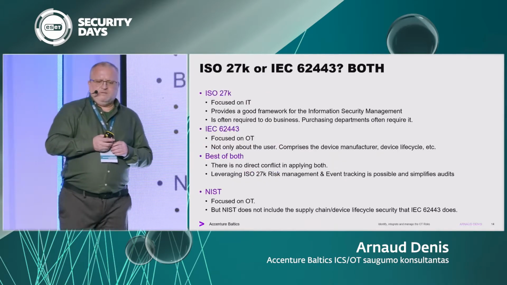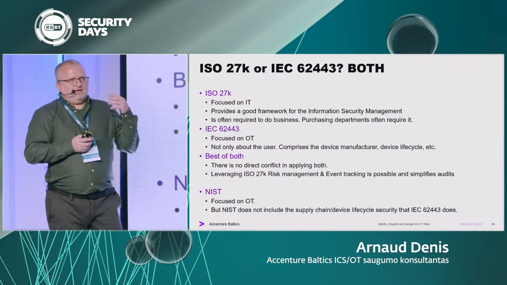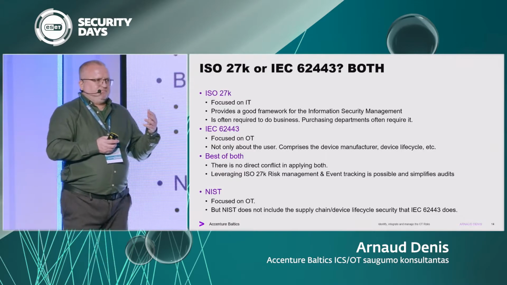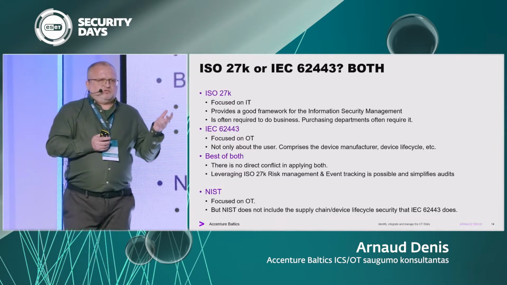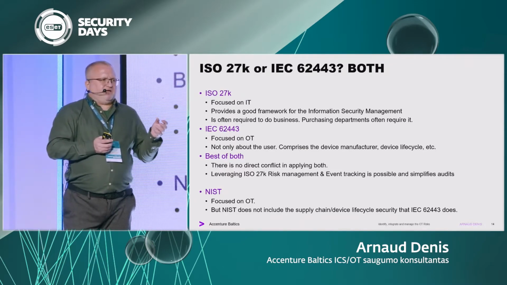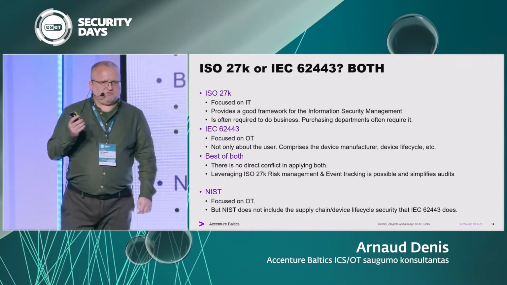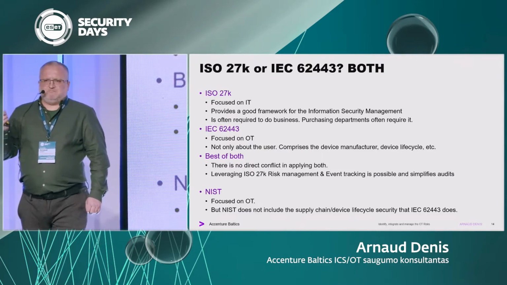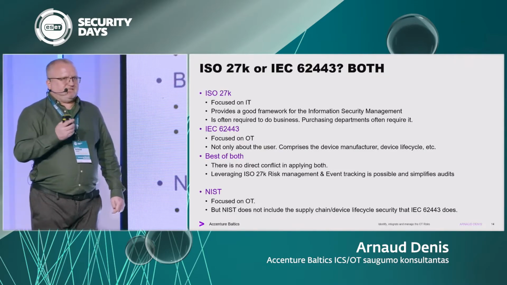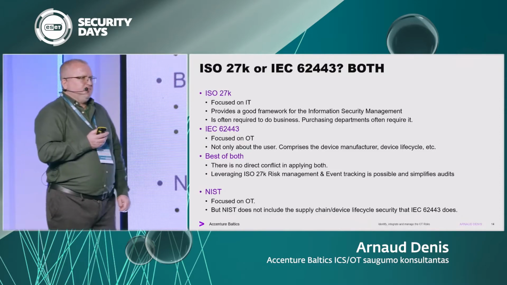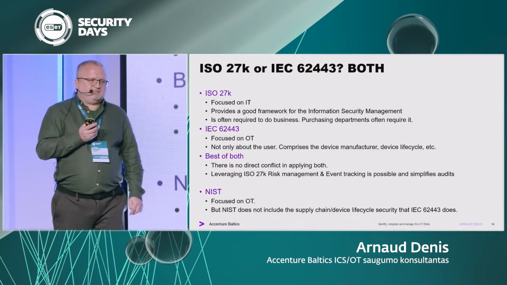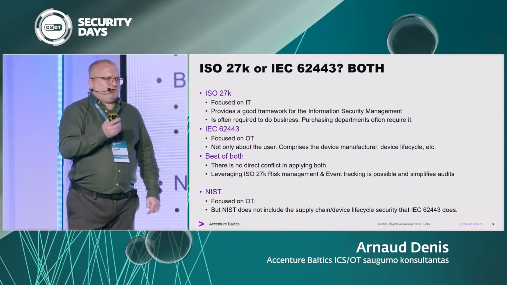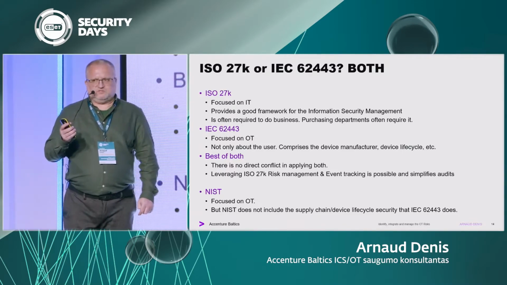Now, if we start looking at certifications, a question I got recently was, should we use ISO 27000 or IEC 62443? So I'm guessing maybe a lot of people don't know what IEC 62443 is. IEC 62443 is a standard that is developed for operational technology and industrial control system.